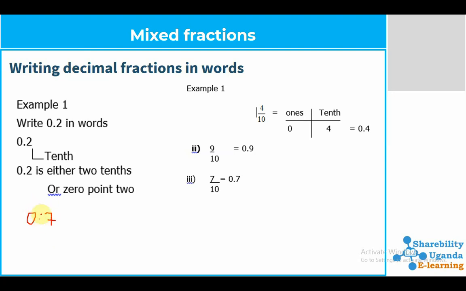Then the next number after the point, like you're seeing, we name it tenths. So when you are to read this decimal number in words, you can say it is 0.7.